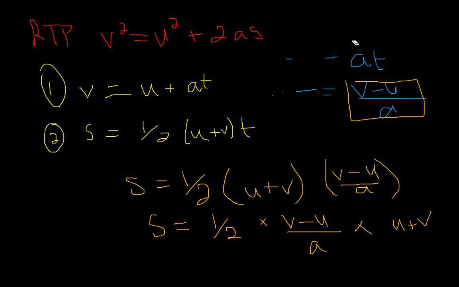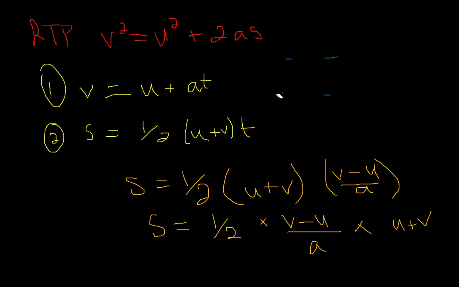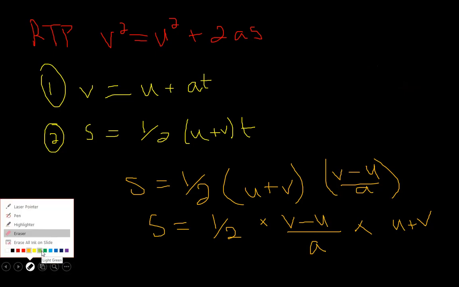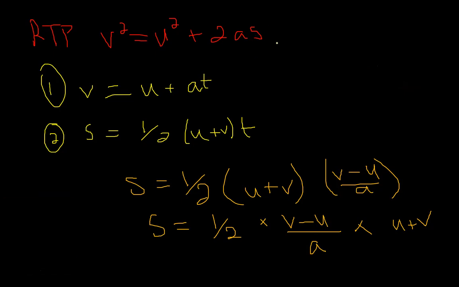I need space, so I'm erasing up here. For the people who know how to simplify this already and get to this point, there's no need for you to have all of these steps. But I know that some people have problems with algebra, so that's the only reason I'm doing all these steps. But it's really not necessary when simplifying.